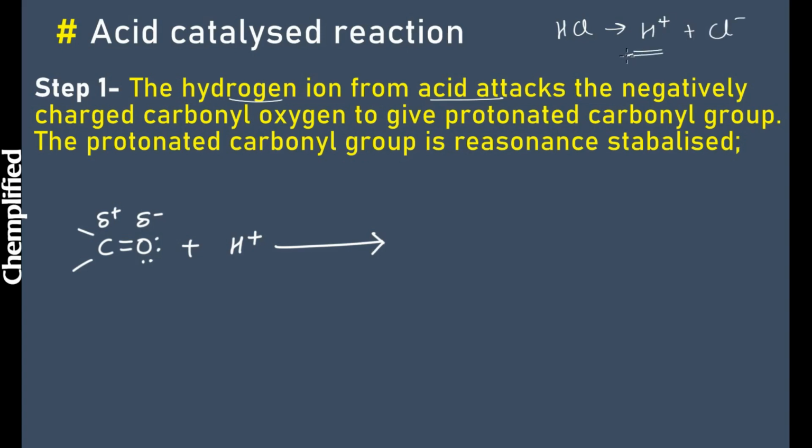The H plus will attack the negatively charged oxygen atom. So the proton that you have received from the acid will attack the negatively charged oxygen atom, and you will get this kind of product.